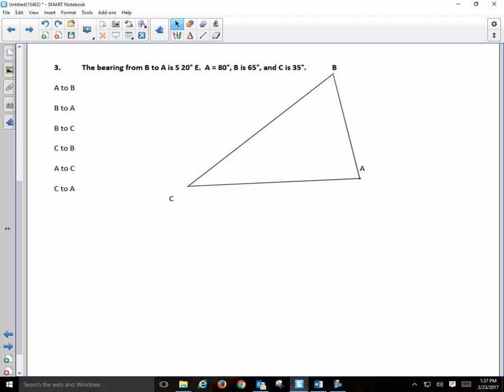Are you ready for the last one? The last one is more complicated. Yeah, we do not have a direct north, south, or east-west line. Not really. So what we have is B to A is south 20 degrees to the east.